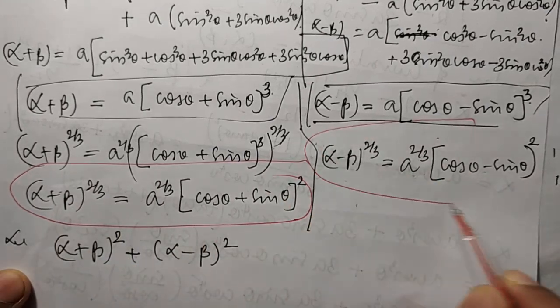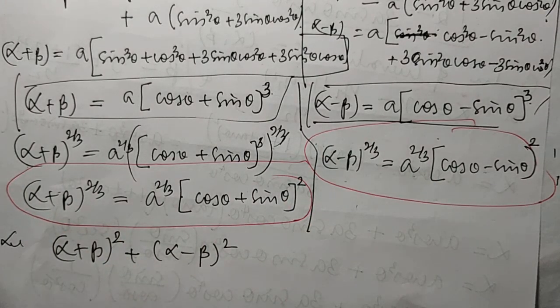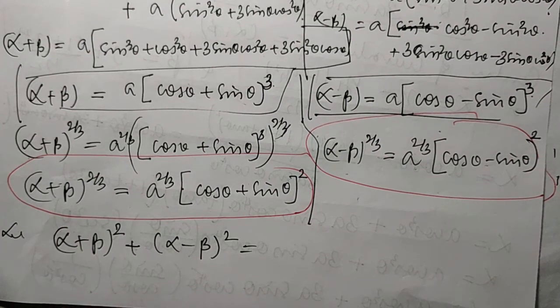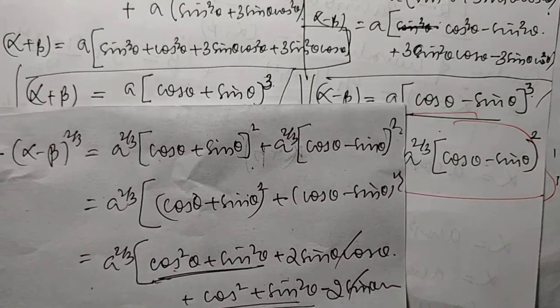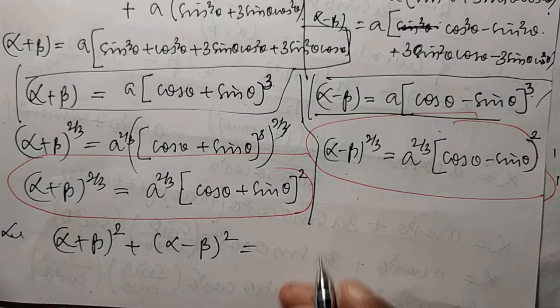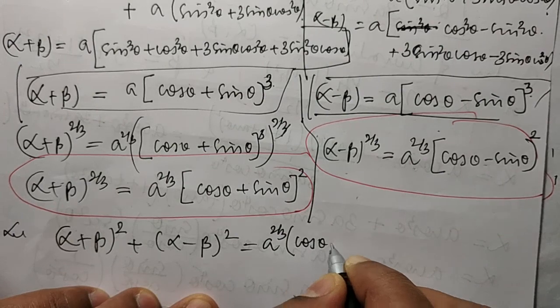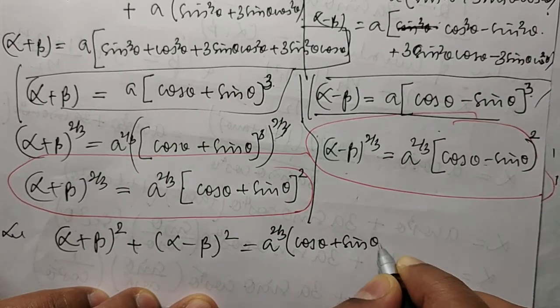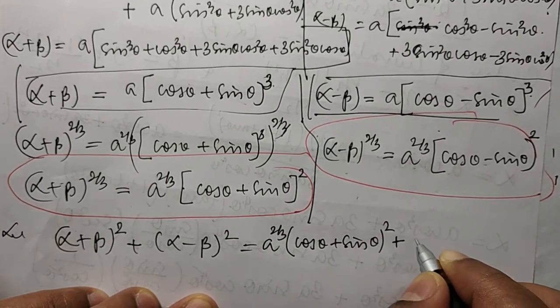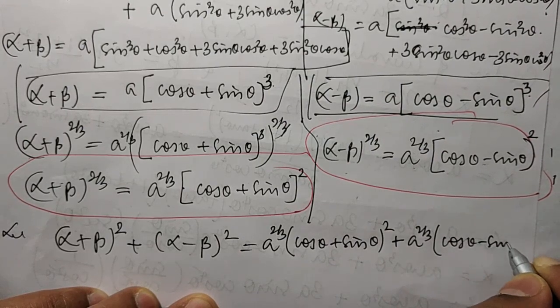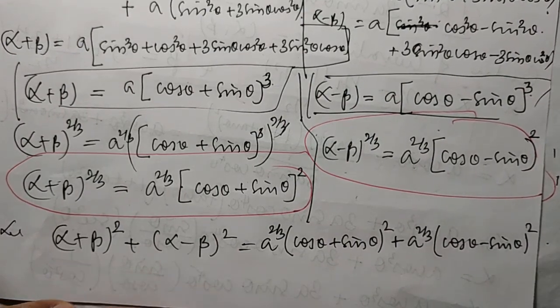Then that is equal to, as already calculated here, a raised to 2 by 3 into cos theta plus sin theta the square plus a raised to 2 by 3 into cos theta minus sin theta the square.